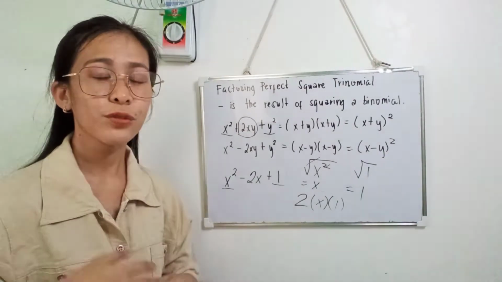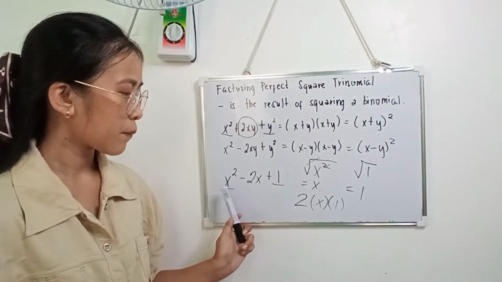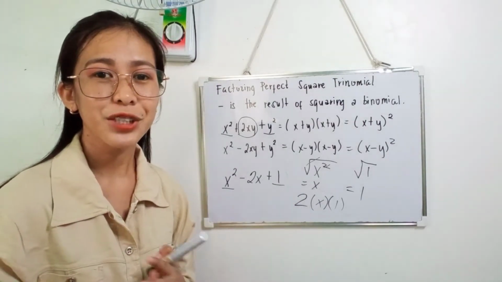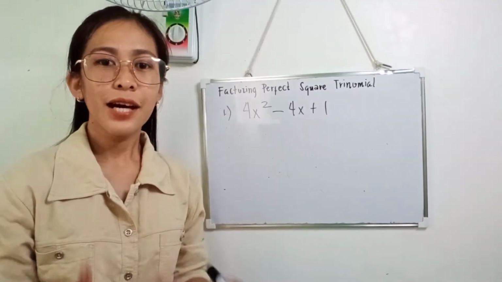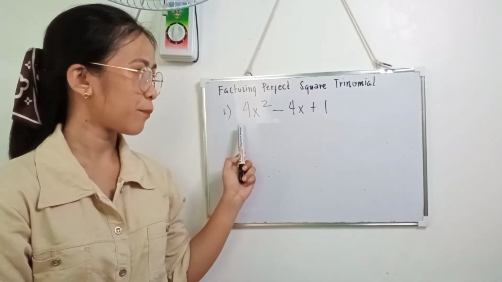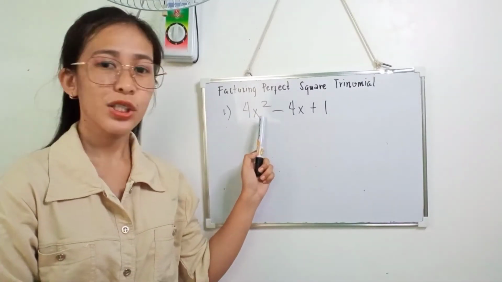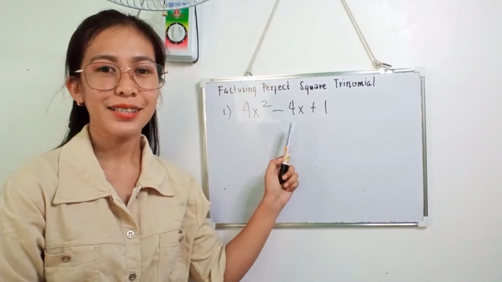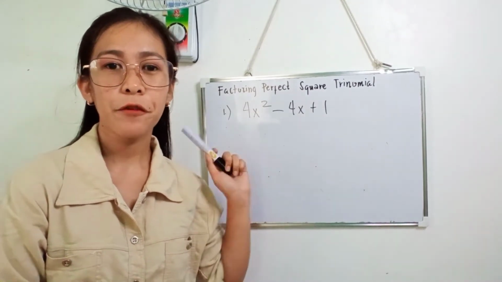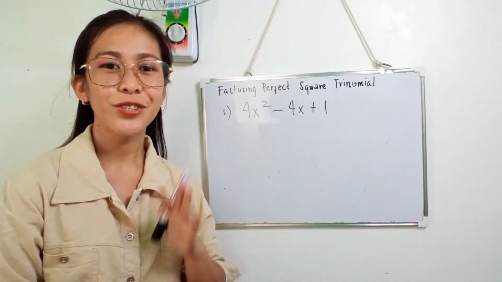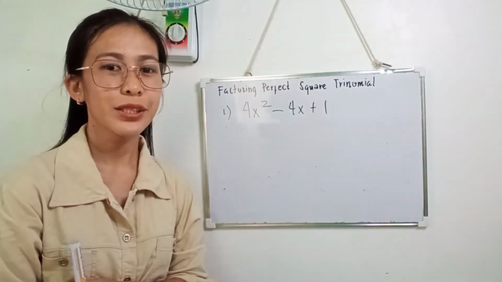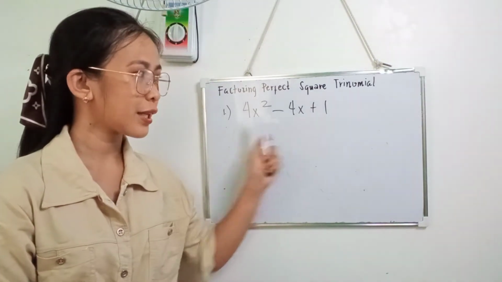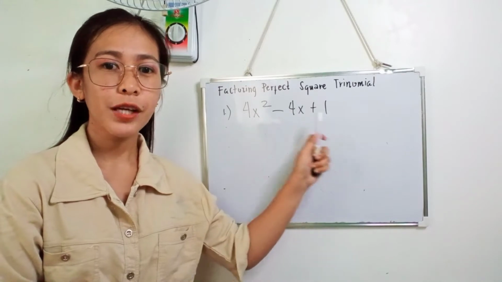And how are you going to identify if a trinomial is a perfect square trinomial? Now, take a look at our first example. We have here 4x squared minus 4x plus 1. So, paano nyo nga malalaman kung ito ay perfect square trinomial? Tingnan ang first and last term. Are they perfect square?